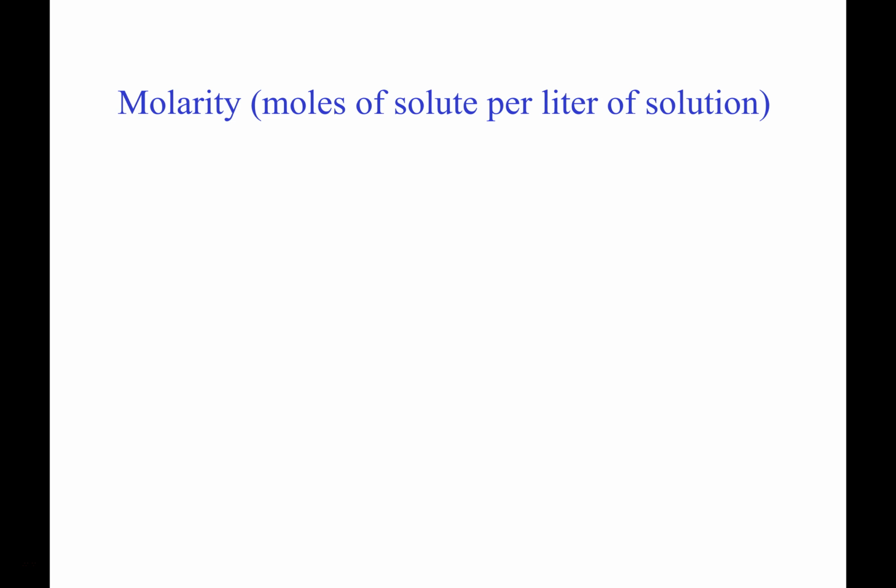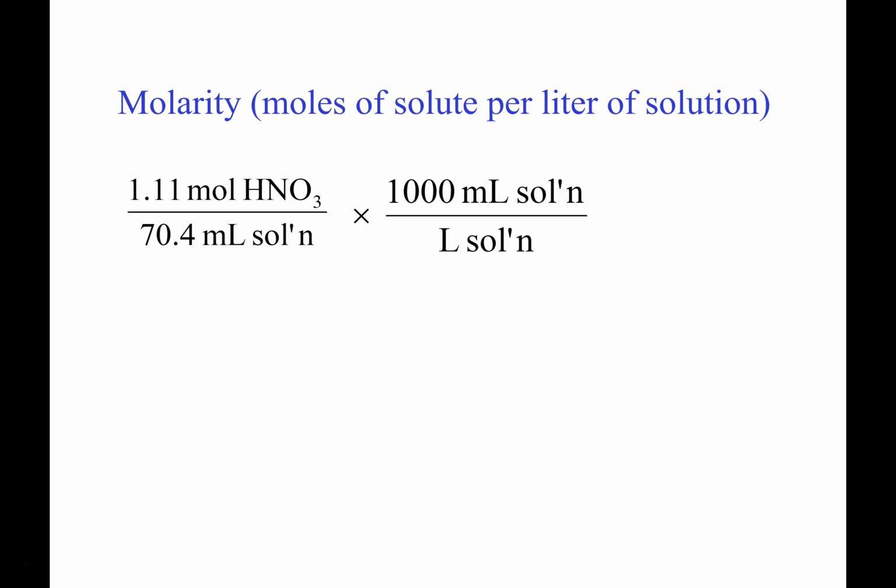Since we didn't fix the volume to liters, we're going to have to fix that here. So if we put that 1.11 moles of HNO3 over the 70.4 milliliters of solution, now if we fix milliliters, we can put 1,000 milliliters over 1 liter. And then round to 3 sig figs.